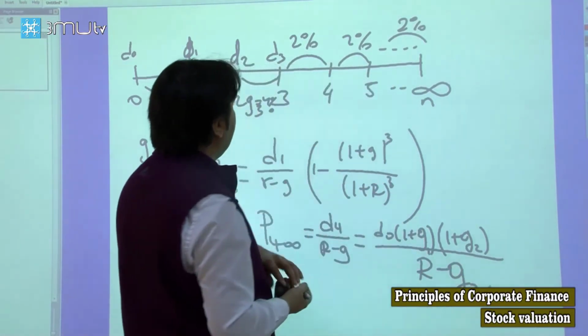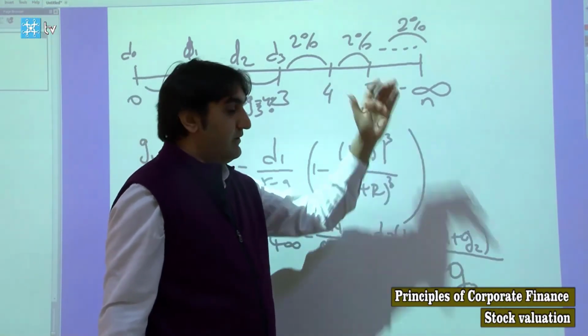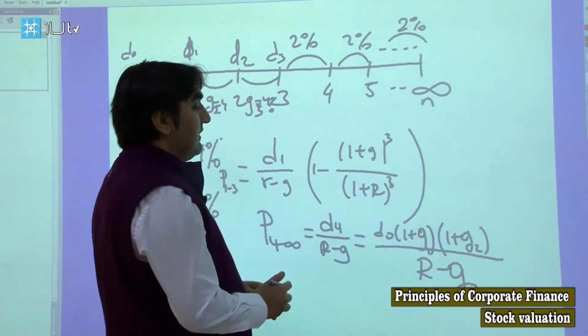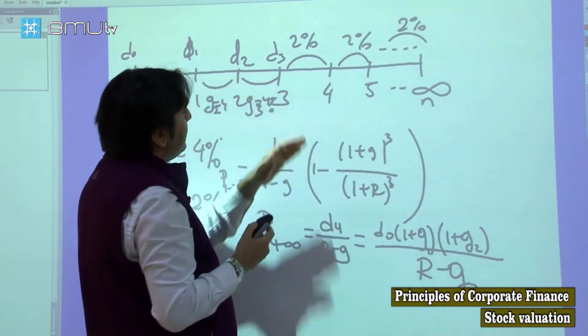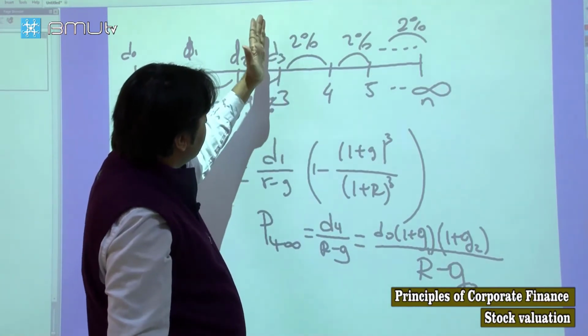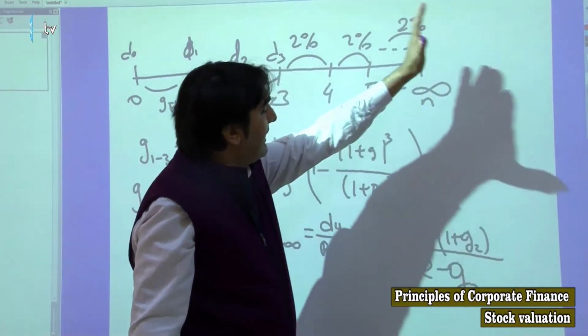That is 1 plus 4%, 1 plus 2%, divided by R minus G. What we find here is the present value of dividends growing at 2% from the nth period.